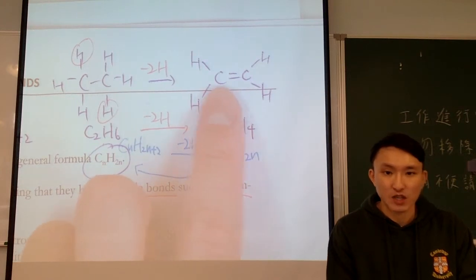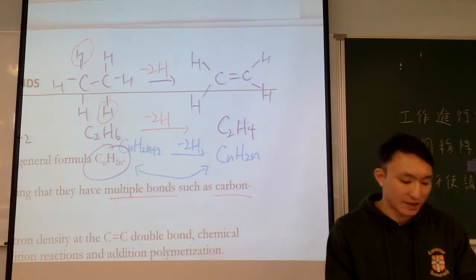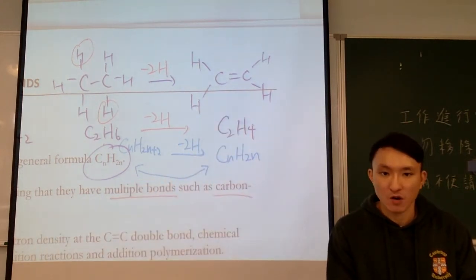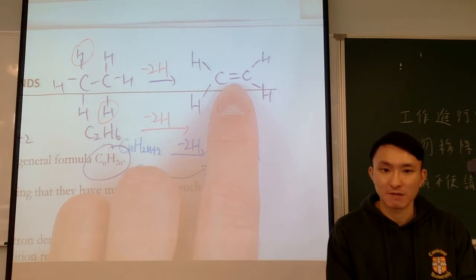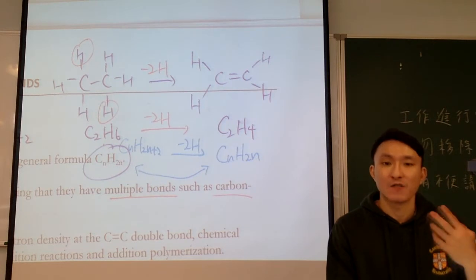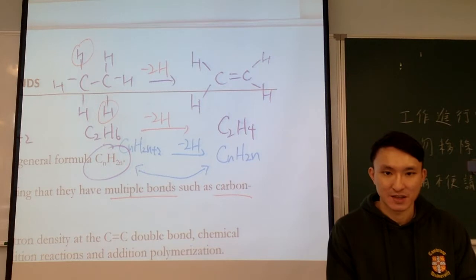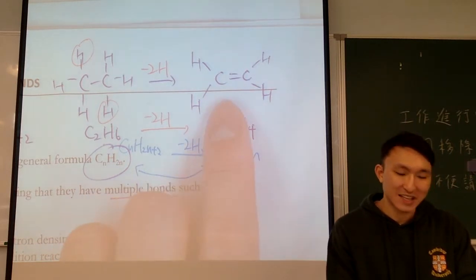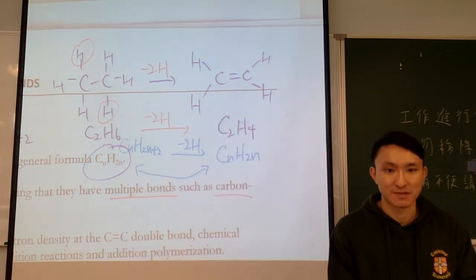Each carbon is connected to 2 hydrogen atoms. However, can the carbon attach one more hydrogen atom? Yes, it can. All it has to do is convert the C=C double bond into a C-C single bond. Then you will have 2 covalent bonds available to join with 2 extra hydrogen atoms. So this is the reason why we say that alkene is unsaturated, because it can still connect to more hydrogen atoms.